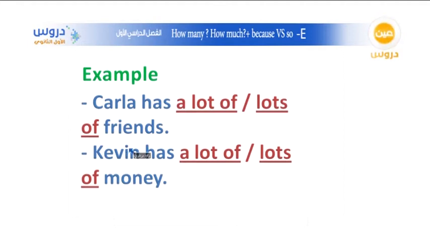So we can notice here that a lot of or lots of can be used with countable or uncountable nouns. Using a lot of or lots of is for both countable nouns and uncountable nouns.